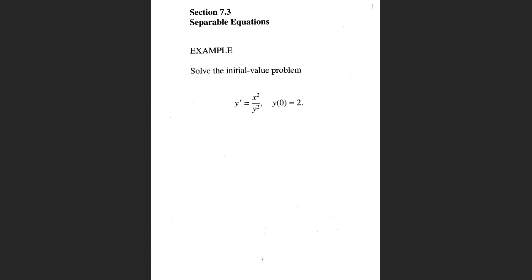Okay, so here is an initial value problem that we wish to solve. The initial value problem is y prime equals x squared over y squared. And we're given an initial condition that when x is 0, y equals 2.